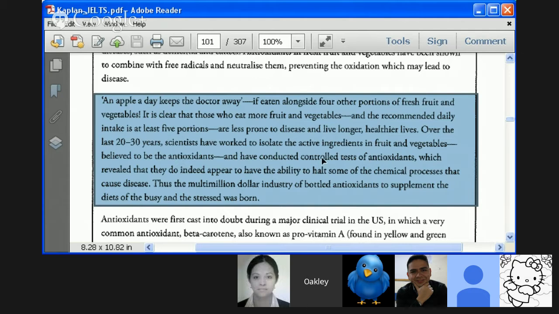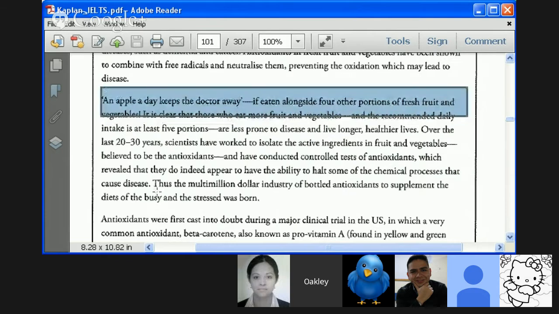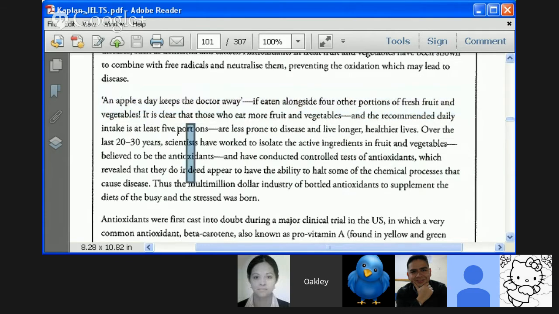Oftentimes it can be in the first sentence. May I say something quick about that? Sure.